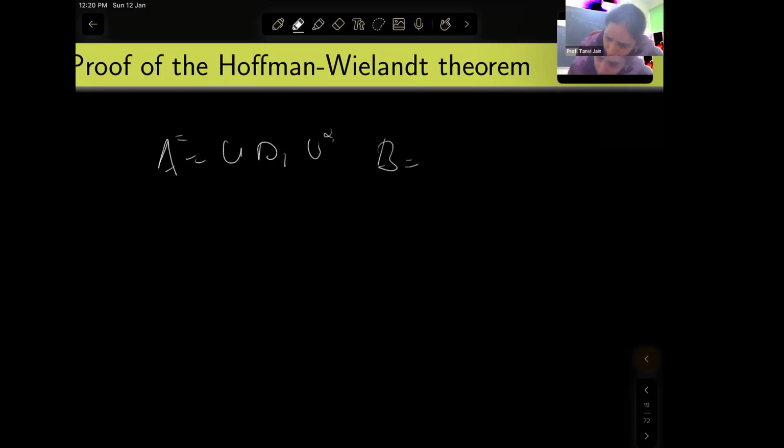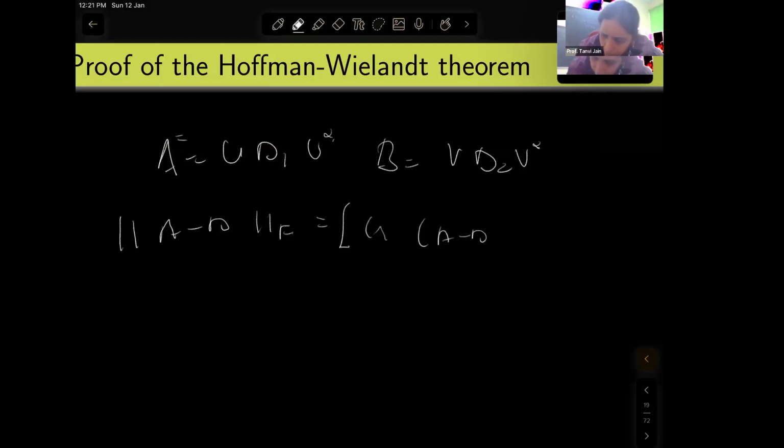B I can write as V D2 V star, because A and B are both normal. Then what is the norm of A minus B in Frobenius norm? Remember, this will be the square root of trace of (A minus B) star (A minus B).